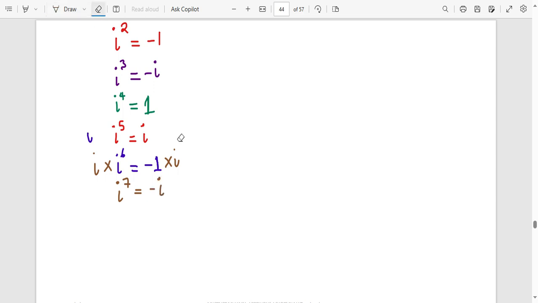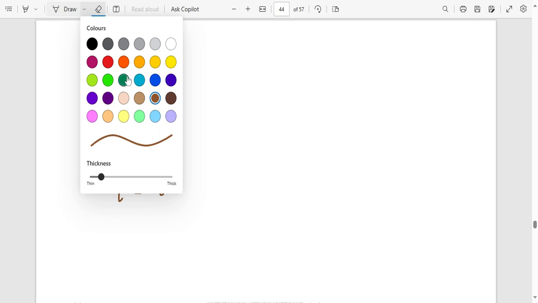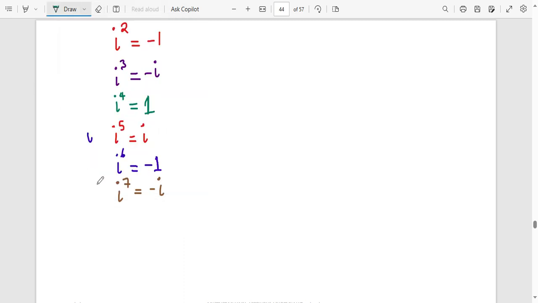And now tell me without me writing: if I multiply again by an i both sides, what are we going to get? Negative i squared, isn't it? But where there is i squared, we replace it with negative 1.